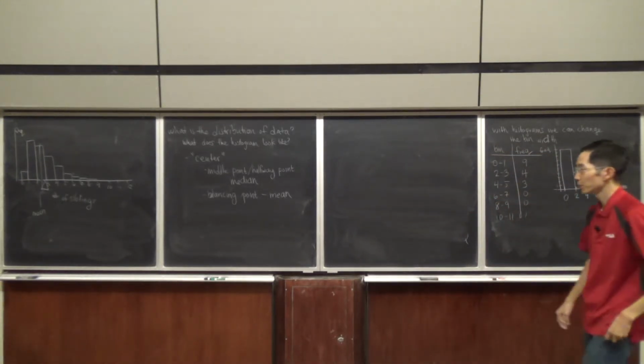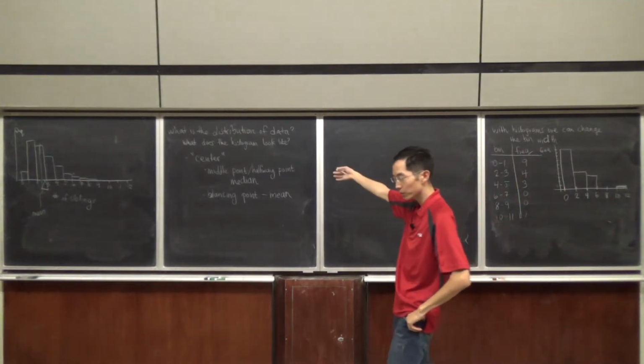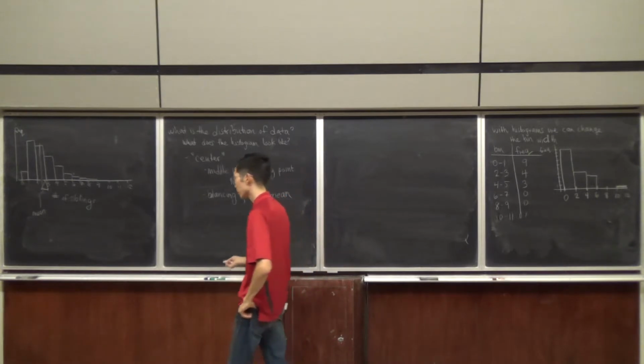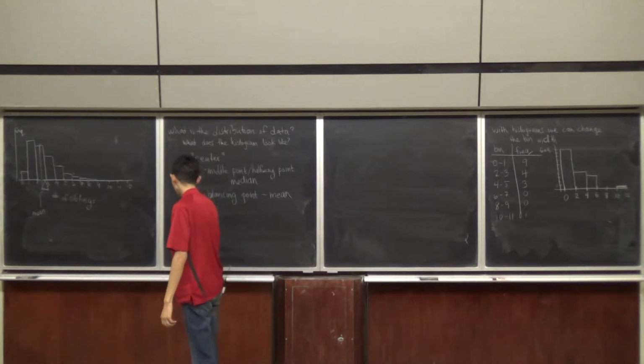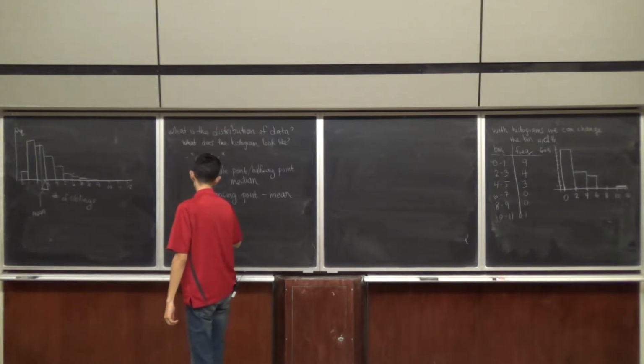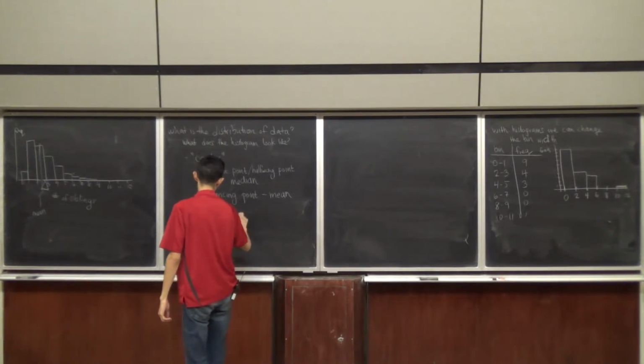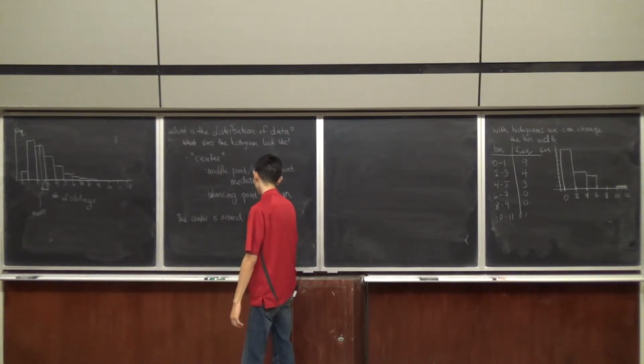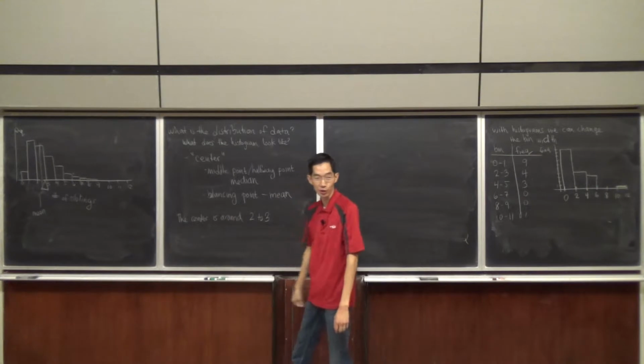So if someone asks, what is the distribution of data, you would want to mention the center, and you would say something like, the central point, the center is around 2 to 3, according to this picture.